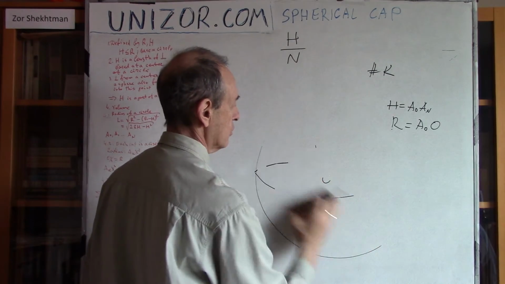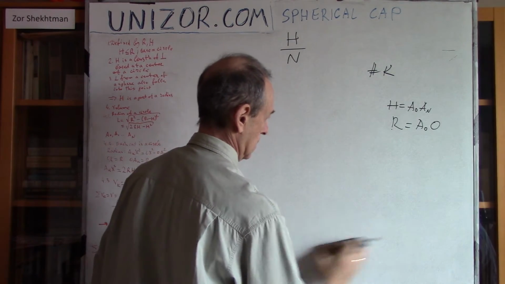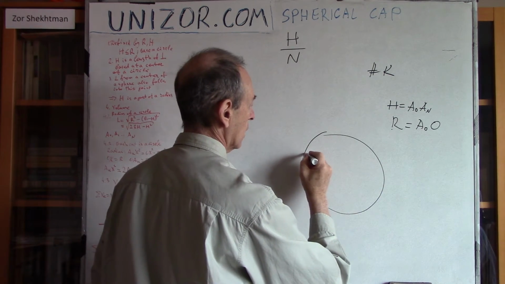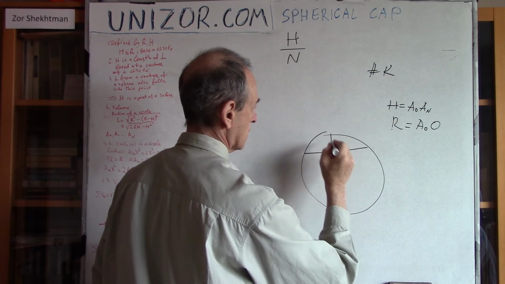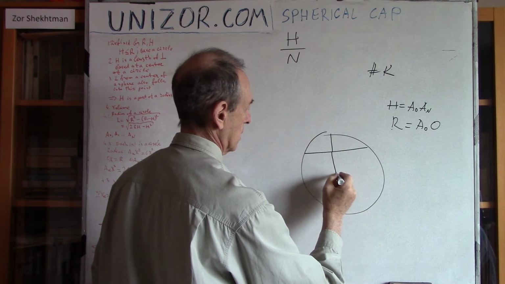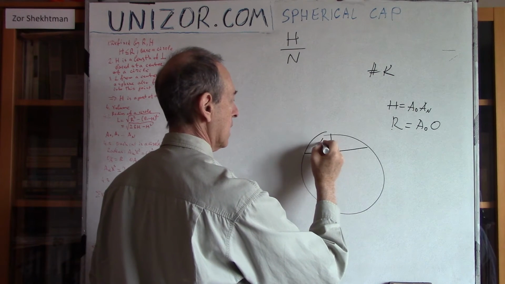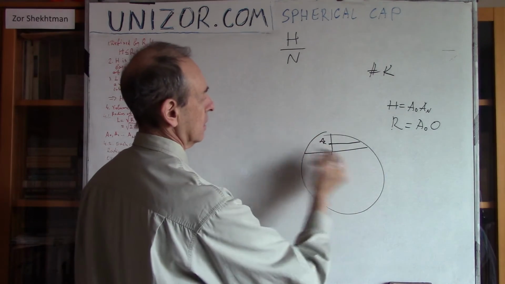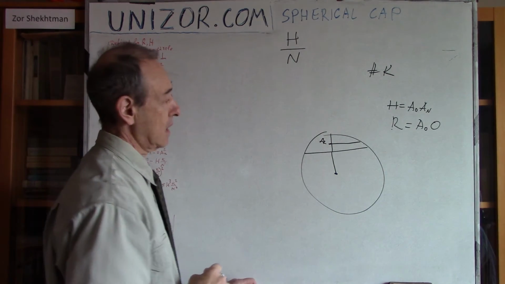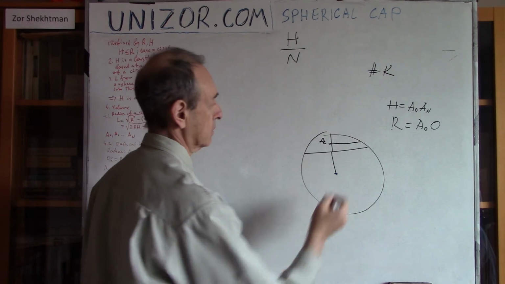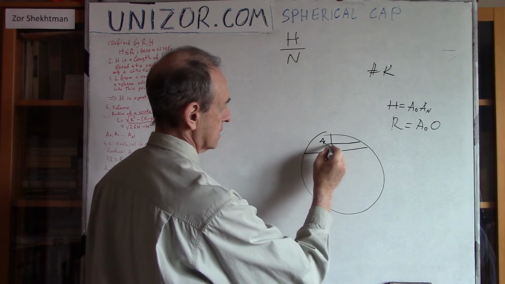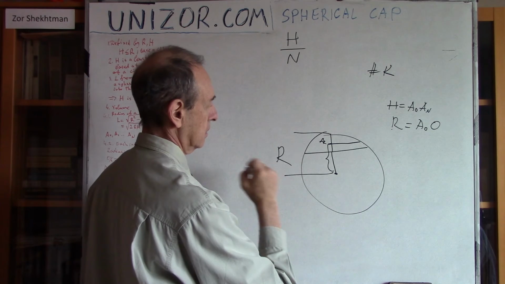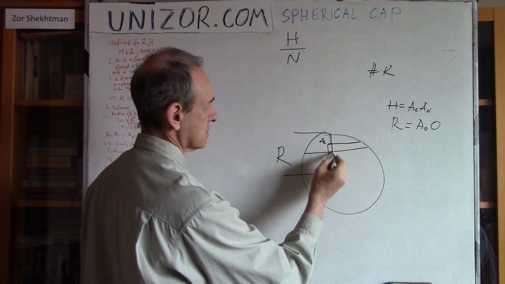because that's really a plane geometry problem. So you have a circle, and you have, this is your height, this is your AK, and I want to know this radius of a circle on the level of AK. Well, that's a Pythagorean theorem, right? So this piece is R minus this piece.